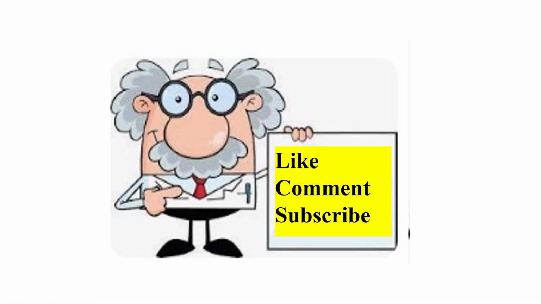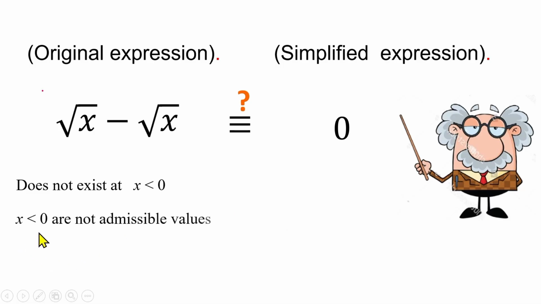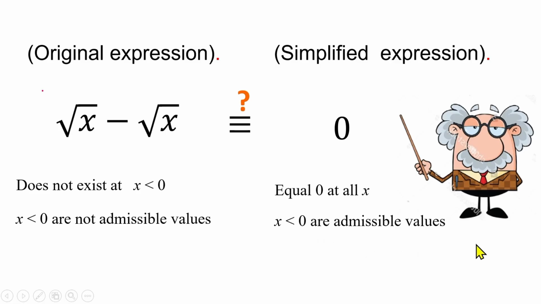Now we return to our problem. Consider the left-hand side, and we see that it doesn't exist at x less than 0, because it contains a square root. For this reason, x less than 0 are not admissible values. The right-hand side is equal to 0 at all x. It means that x less than 0 are admissible values.